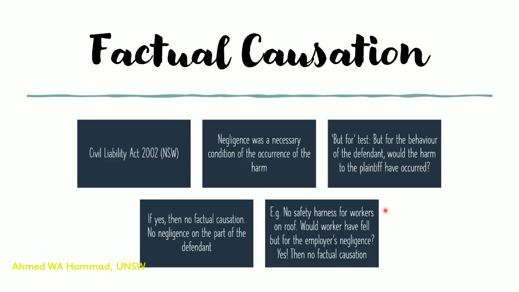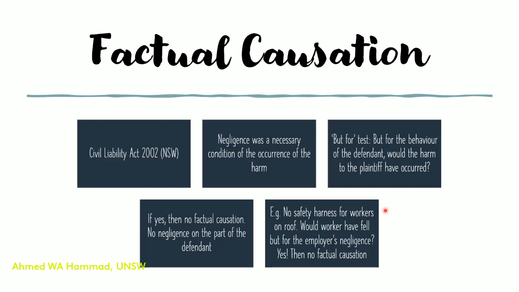So another way of rephrasing this would be, if it weren't for the behavior of the defendant, would the harm to the plaintiff have occurred? And if the answer is yes, then there would be no factual causation, and hence no negligence on the part of the defendant. Let me give you an example over here.